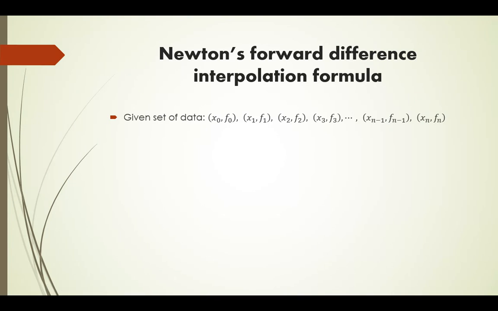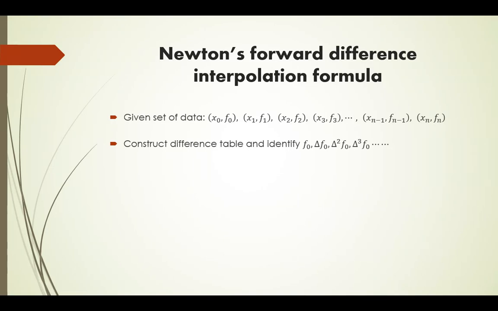So a set of data will be given to you, and you'll be asked to find the value of f for a value of x which is not given in the table but lies between two values of x. So what to do? Construct a difference table. The first step is to construct a difference table and identify f0, delta f0, delta square f0, delta cube f0, and so on.